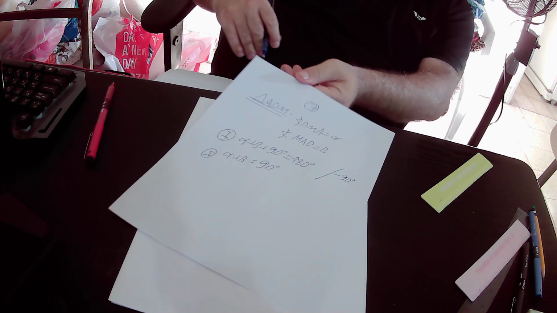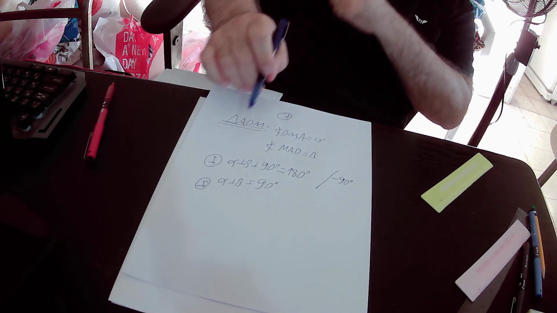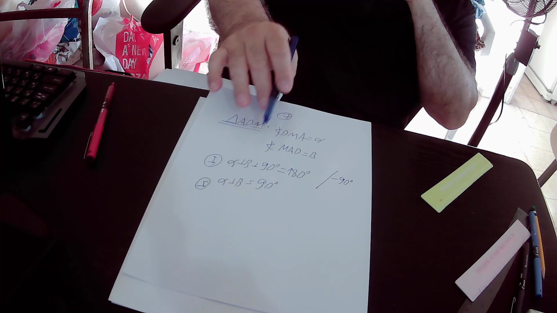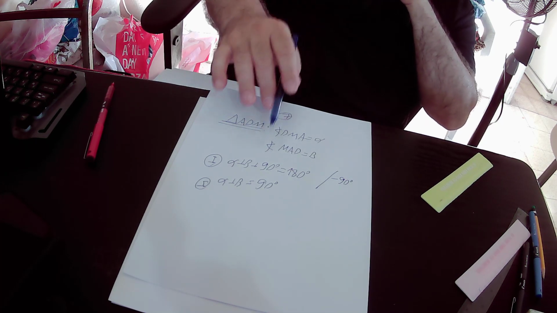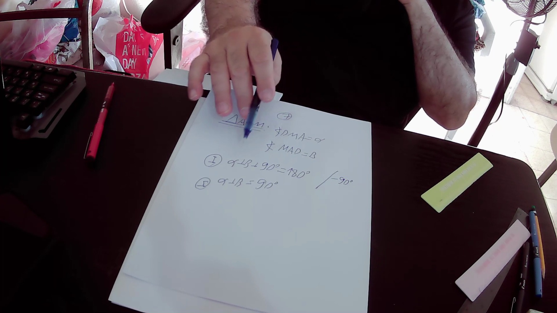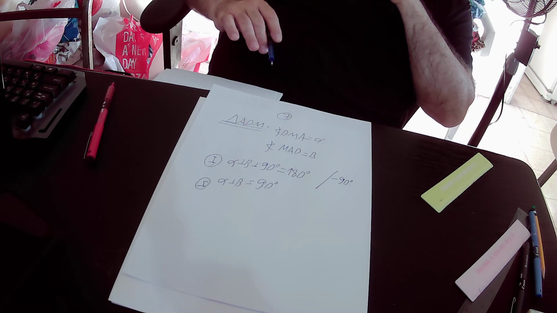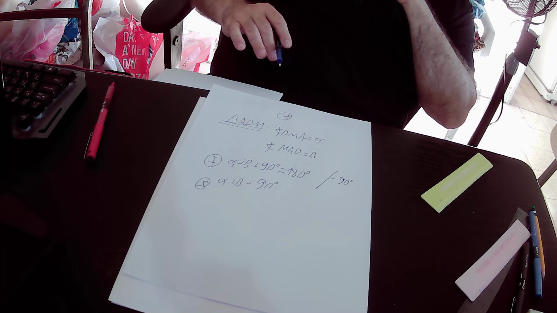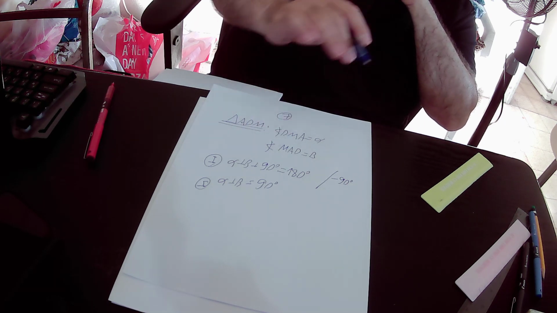So we subtracted 90 degrees from equation number 1. Alpha plus beta plus 90 degrees minus 90 degrees equals alpha plus beta, and 180 degrees minus 90 degrees equals 90 degrees.